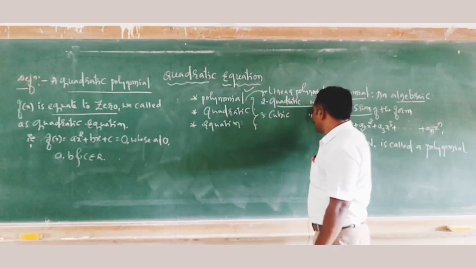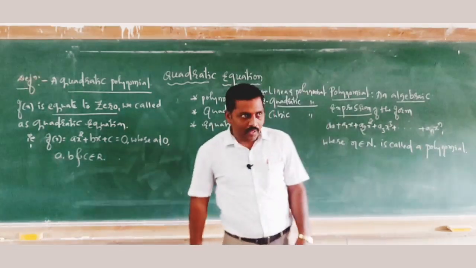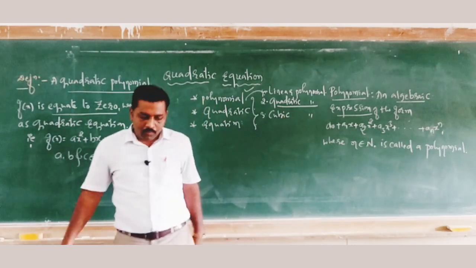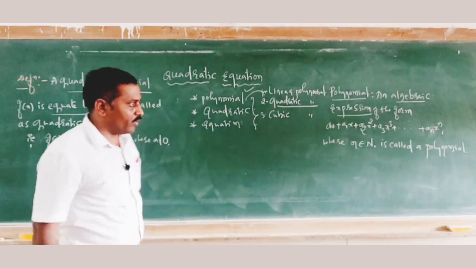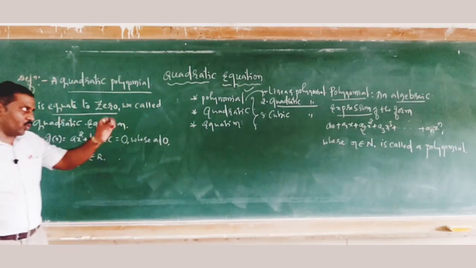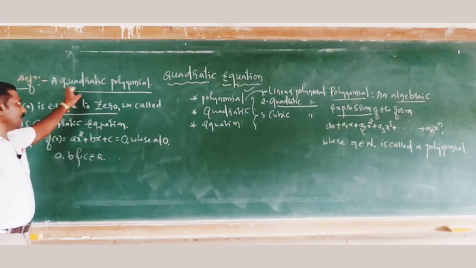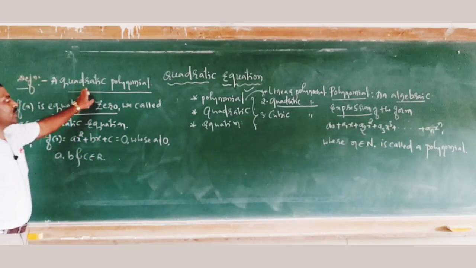The point to be noted is quadratic polynomial. This is important because that word is there in the quadratic equation definition.